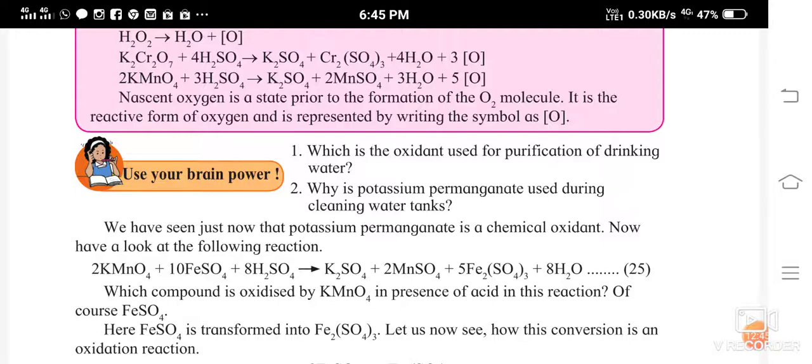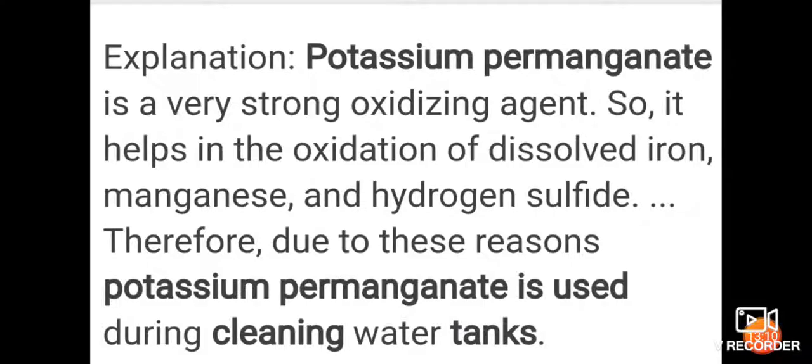Chlorine is used because chlorine is a strong oxidizing agent. Now, why is potassium permanganate used during cleaning of water tanks? Potassium permanganate is also an oxidizing agent. That is why it is used for cleaning water tanks.